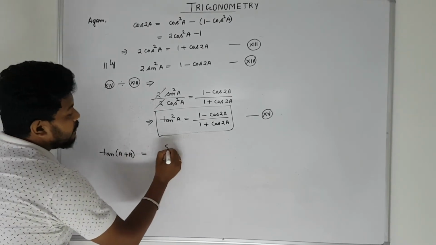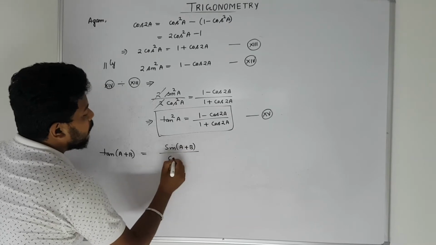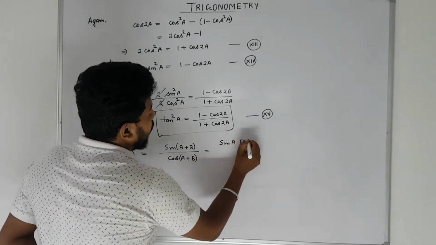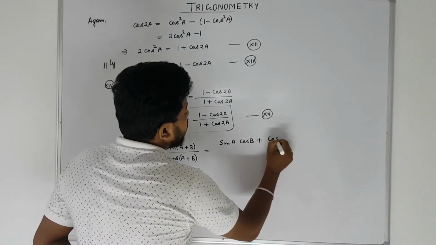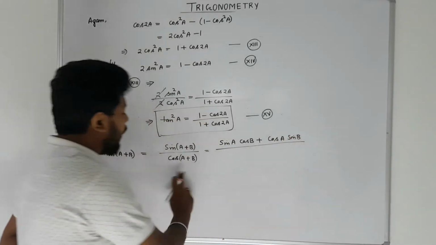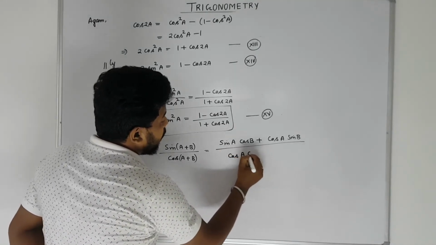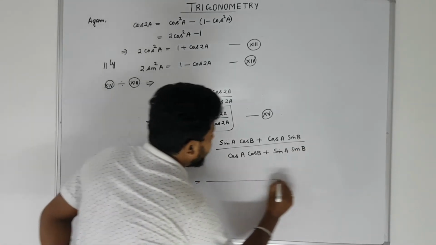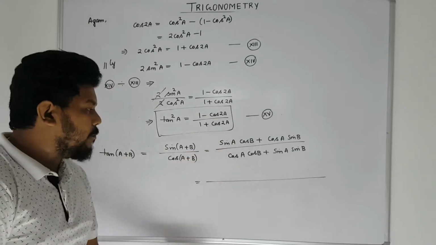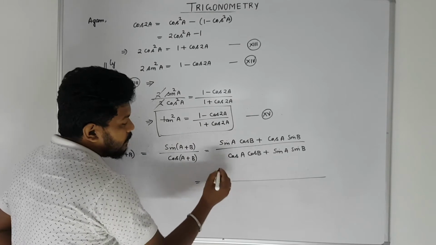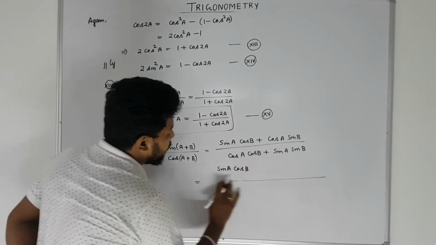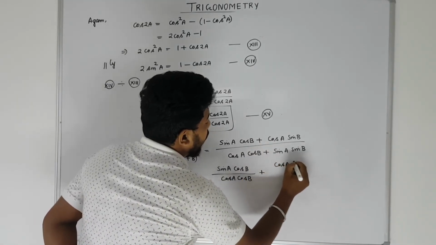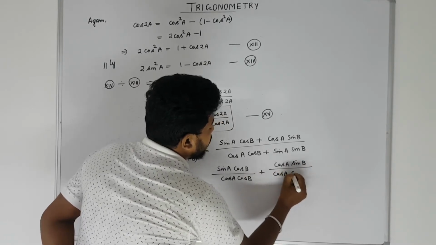Tan A plus B is nothing but sin A plus B divided by cos A plus B. So, we can say sin A plus B is equal to sin A cos B plus cos A sin B, and your cos A plus B is equal to cos A cos B minus sin A sin B. Now, if you divide the numerator and denominator by cos A cos B, you will get sin A cos B divided by cos A cos B, plus cos A sin B divided by cos A cos B.